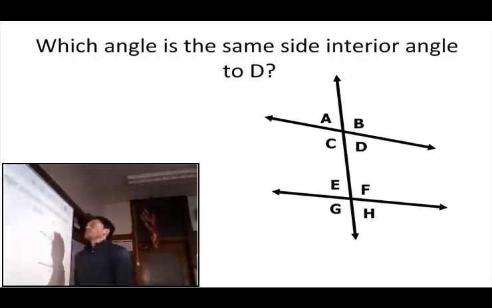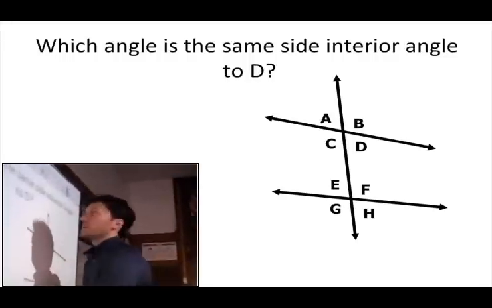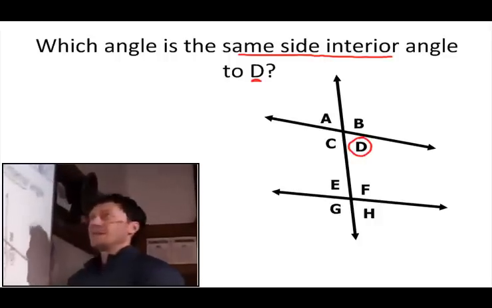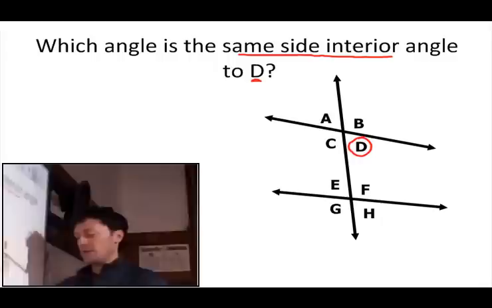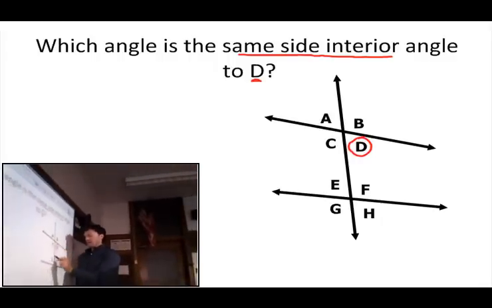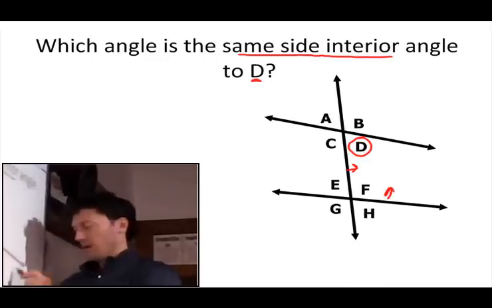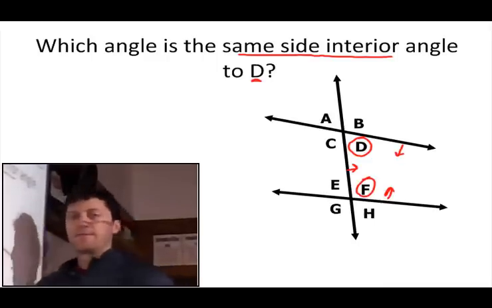All right, which angle, are you ready for this? Which angle is the same side interior angle to D? So let's circle D, let's see. Okay, now we want to be the same side interior angle. So on the same side of the transversal and on the interior of the lines being cut. Okay, must be F. Good.